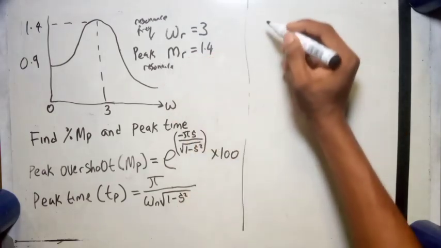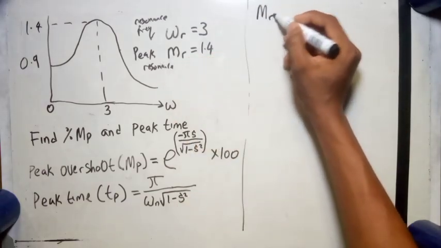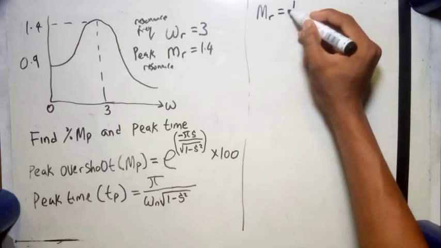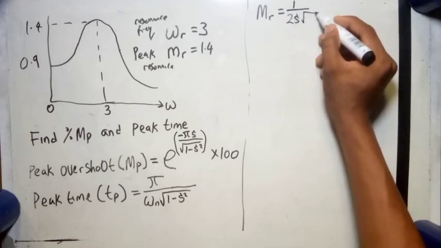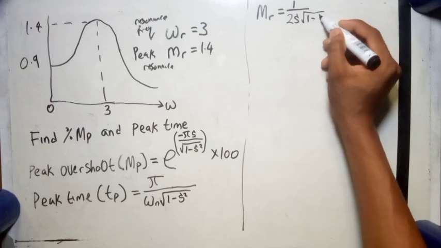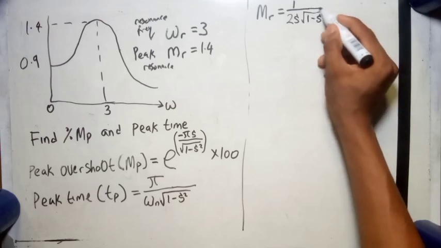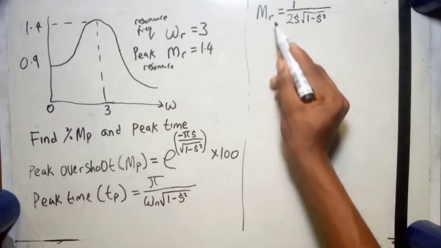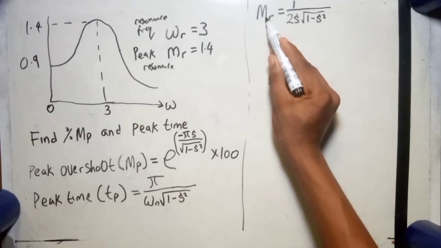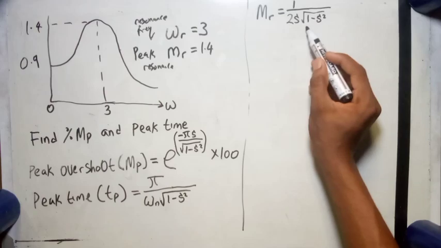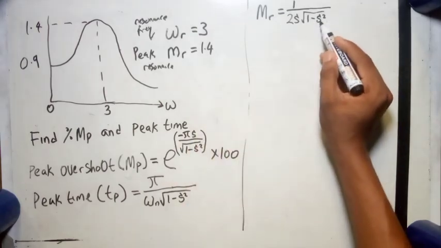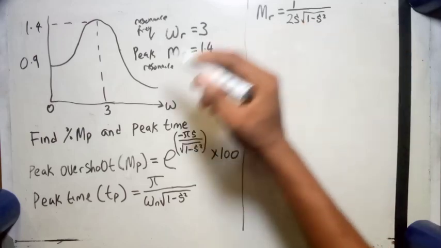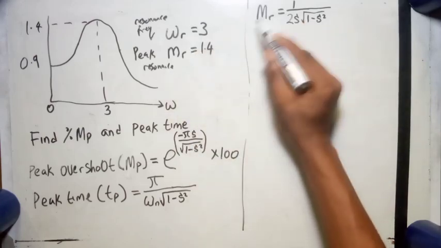Now our peak resonance, which is Mr, is equal to 1 over 2 zeta multiplied by root 1 minus zeta square. Now we know what our Mr is, so we just have to substitute into this place to get our zeta.